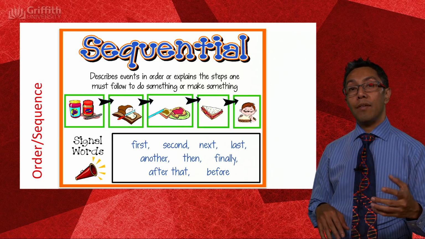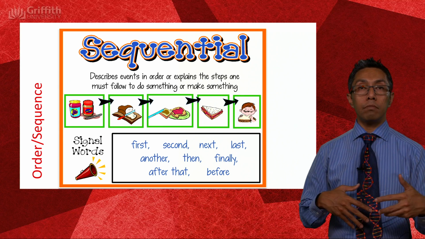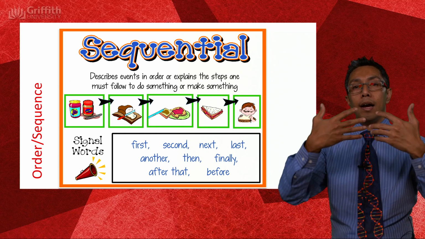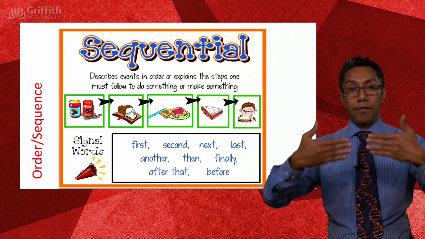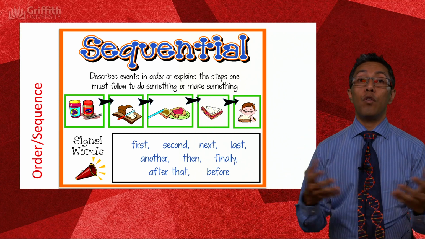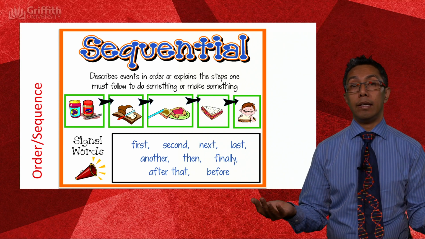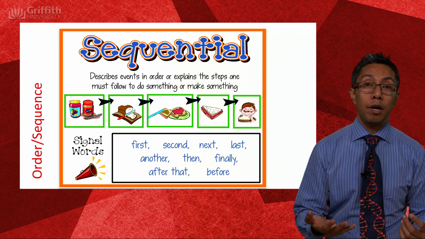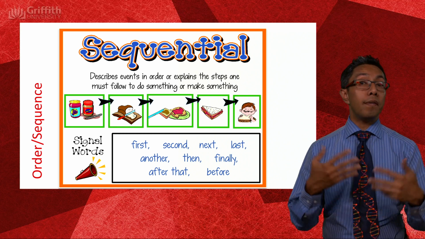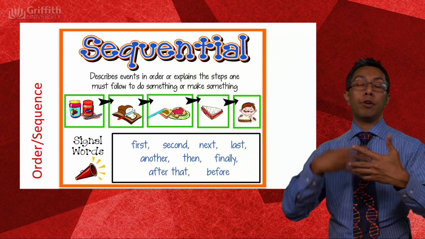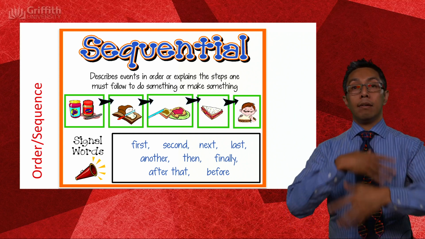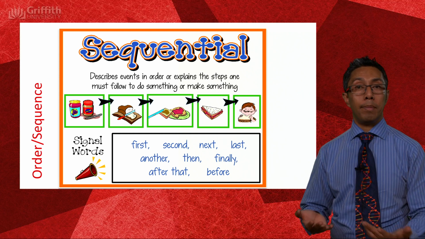The next one that we're going to have a look at is order sequence. So this is where a textbook or a YouTube video might describe the flow of events of a sequence. So for example, it might be the stages of mitosis, or it might be the life cycle of a butterfly, or it might be how the hormones and the organs of the body work in concert during the menstrual cycle.